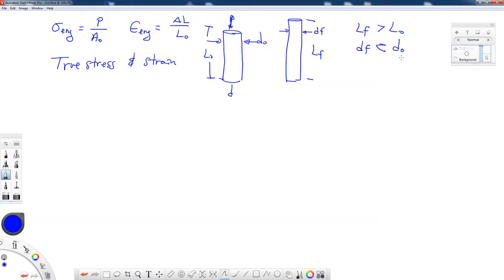So to define our true stress, and maybe let's use a different color to emphasize that, our true stress can be defined as our force divided by our instantaneous cross-sectional area, A sub i.